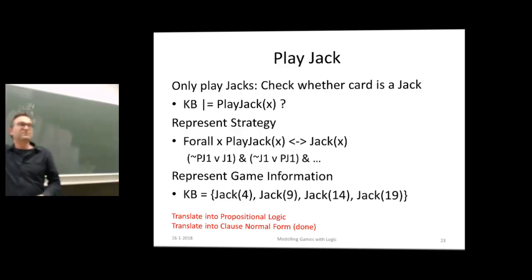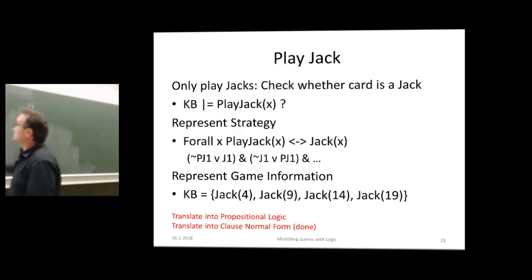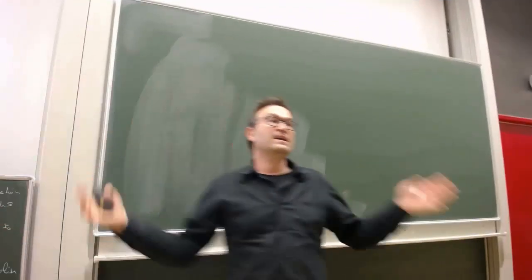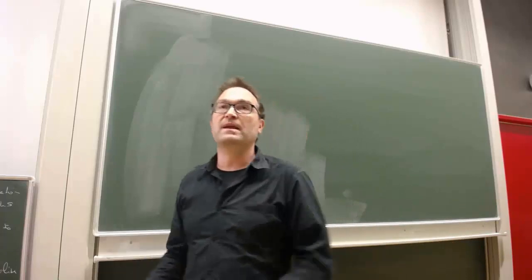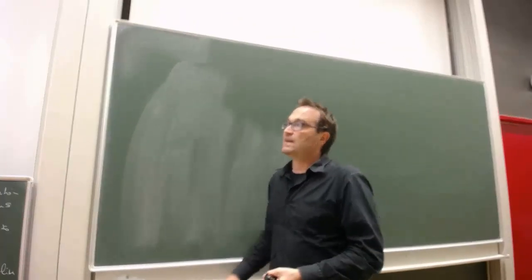Don't worry, you don't have to read this. It just says jack number. The more difficult thing, and I tried to write it so that you can read it now, is that we have to translate this formula into an equivalent propositional logic formula. And how do you do this? Basically, there are two things.